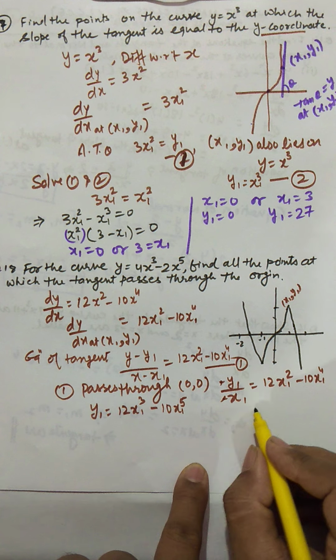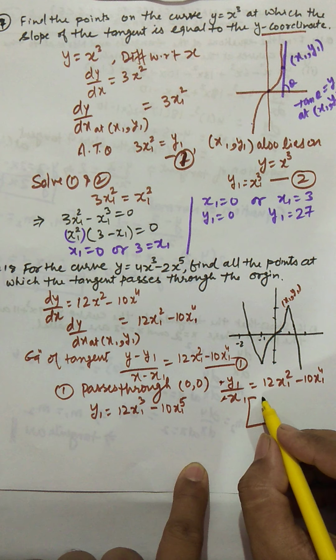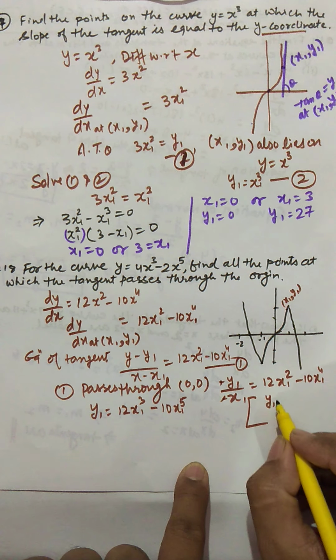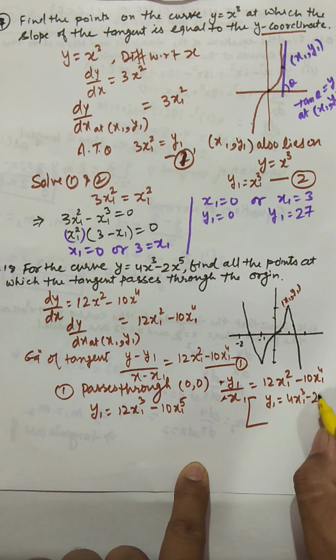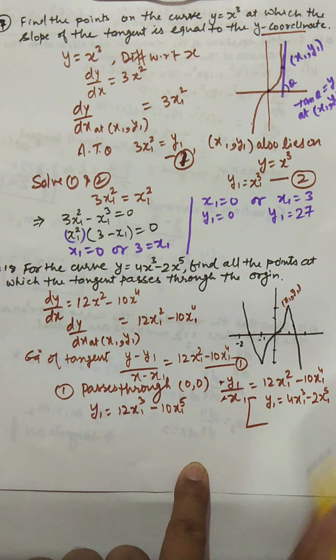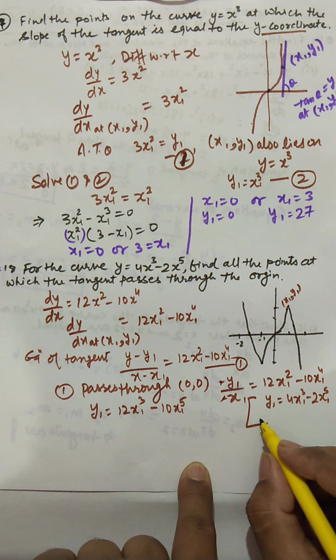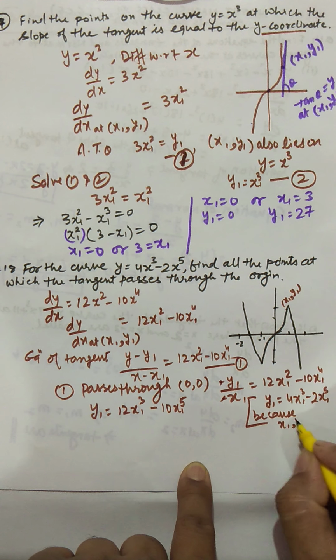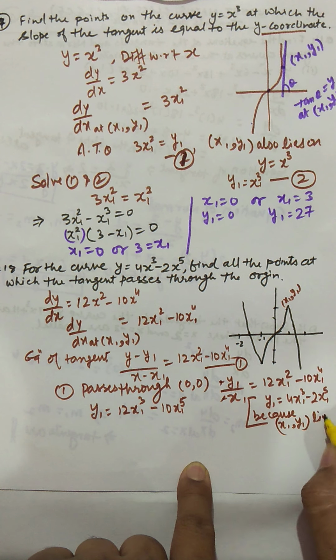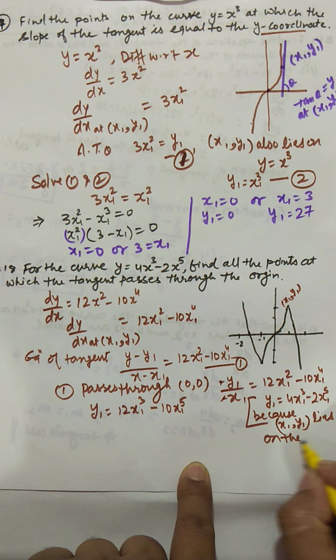So we can get one more piece of information: y1 is equal to 4x1³ - 2x1⁵, because (x1, y1) lies on the curve.